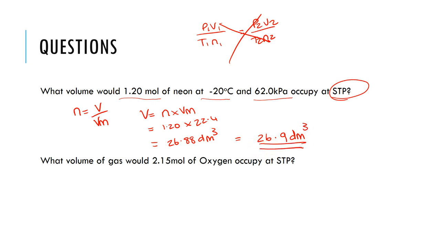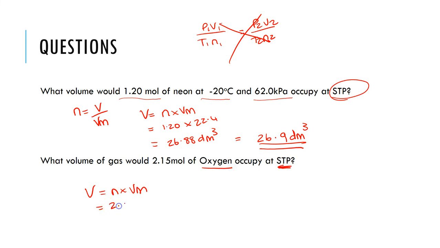Okay, next one. What volume of gas would 2.15 mole of oxygen occupy at STP? So again, V is equal to n times Vm, because I'm at STP. Doesn't matter what this is.